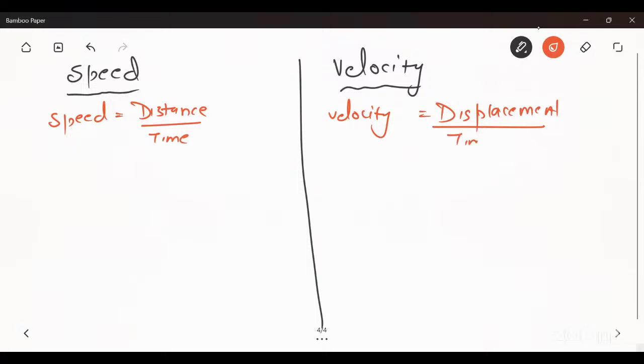The SI unit of speed is meter per second, and the SI unit of velocity is also meter per second.